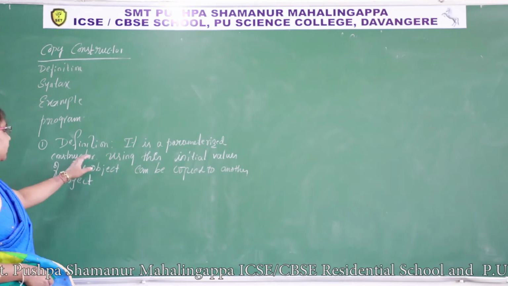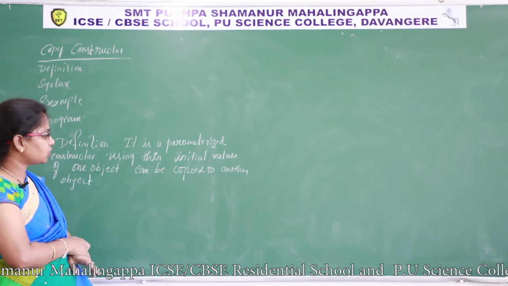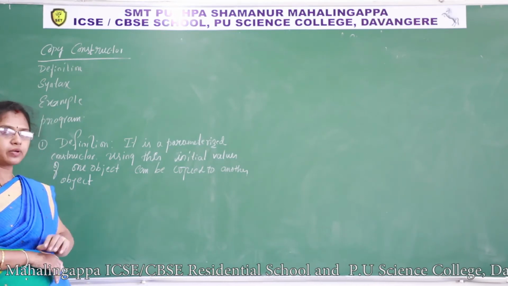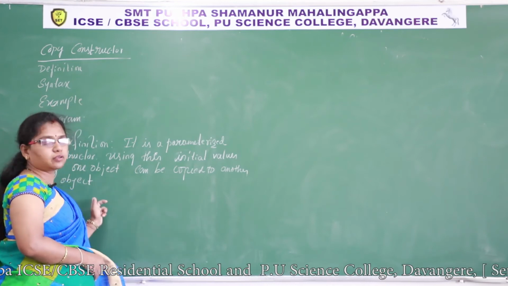So this is a parameterized constructor. Using this constructor means one object can be copied to another object. You can write like that, or initial values of one object can be copied to another object.